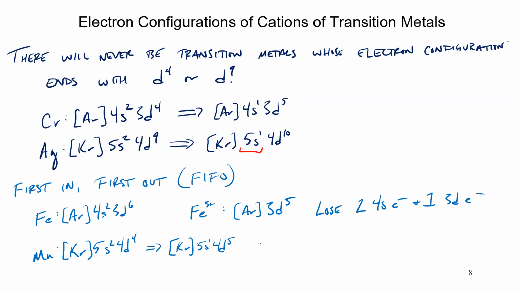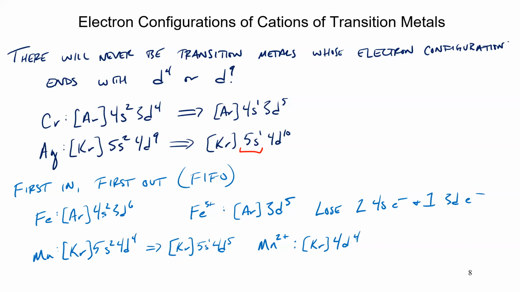Now, if we wanted to look at manganese 2+, which is a fairly common ion for him, what electrons is manganese going to lose? 5s1. Yep. And 1 of 4d5. That's right. So what's he going to end up as? 4d4.